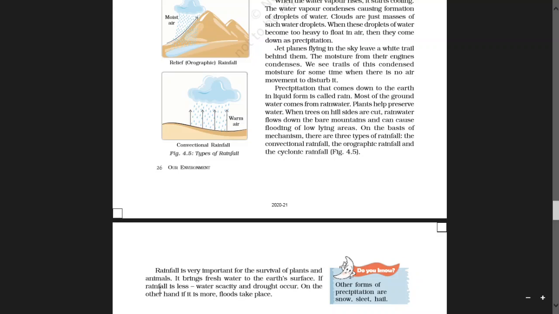If rainfall is less, water scarcity, meaning shortage of water, and drought occur.